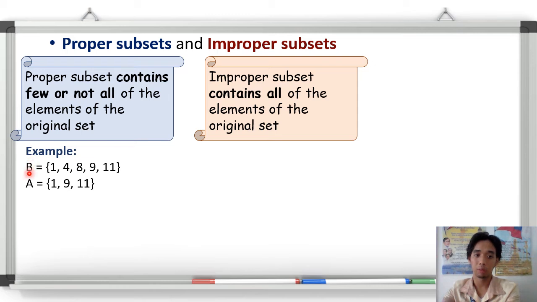So it is a proper subset because set A does not contain all the elements of set B. So hindi sila equal, hindi sila parehas. Unlike sa improper subset, example for this is B with U, T, S and set C with S, T, U, V. So as you can see, yung elements nila parehas na parehas, equal sila. So kapag gumawa tayong diagram, ito yung itsura nila.